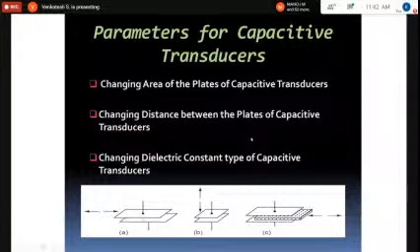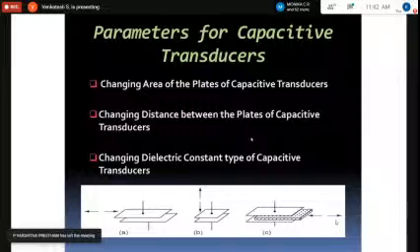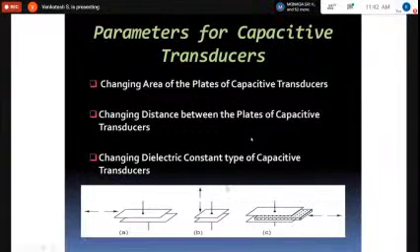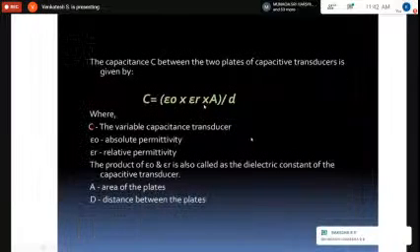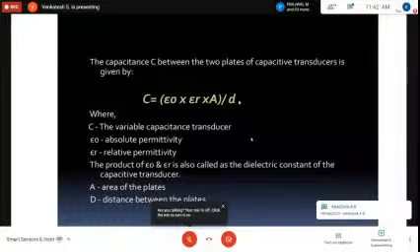Displacement results in area variation, which results in capacitance variation. Similarly here, displacement of the dielectric material from its original position leads to change in capacitance depending on this relationship: C is equal to epsilon naught epsilon r A divided by D. So these are the various terminologies that are used.